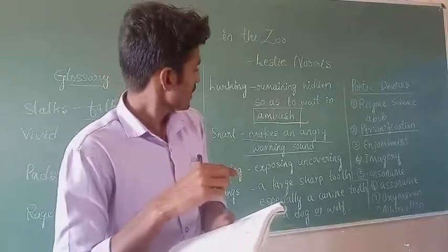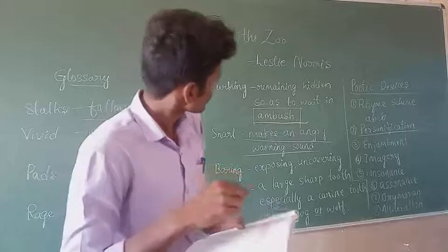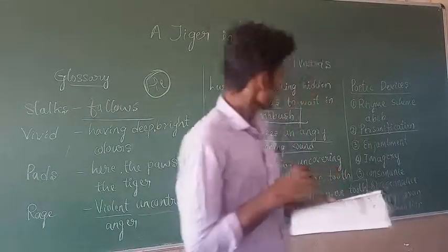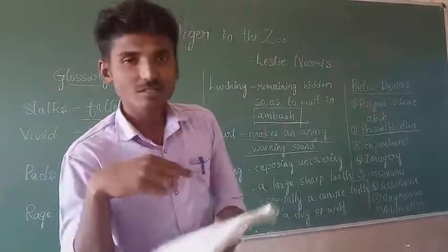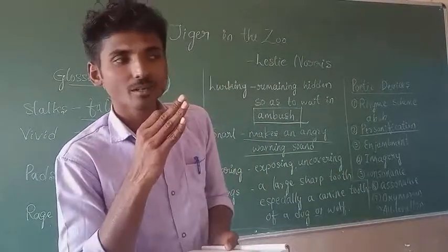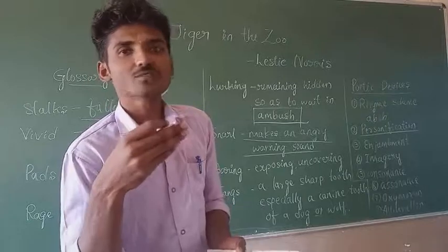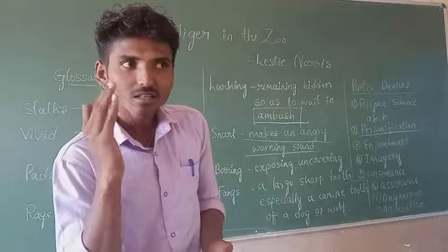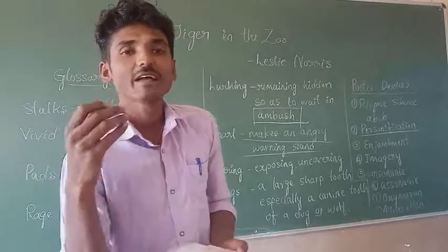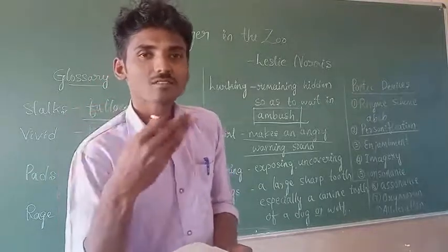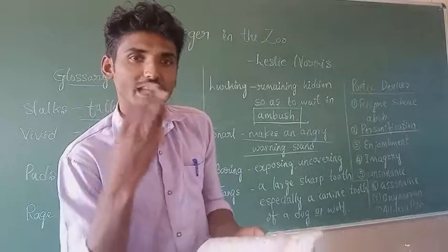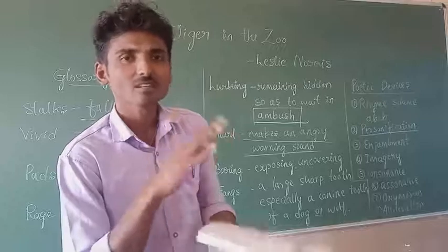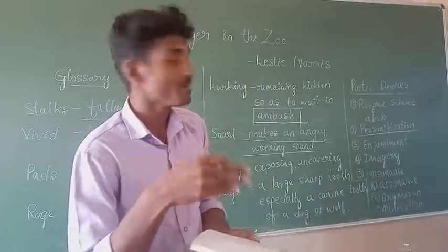Okay, and next, sorry, imagery. Imagery means the poet gives imagination to the reader: how the jungle is, how the jungle tiger lives in the jungle, and how it attacks the deer. These are the imagery things given. This is called imagery.